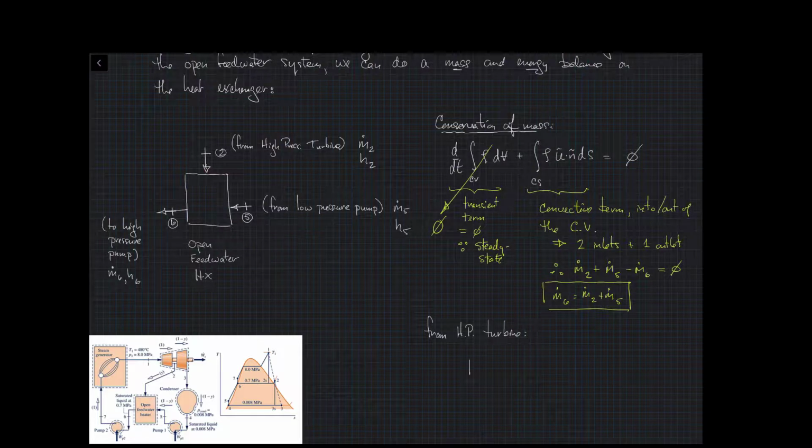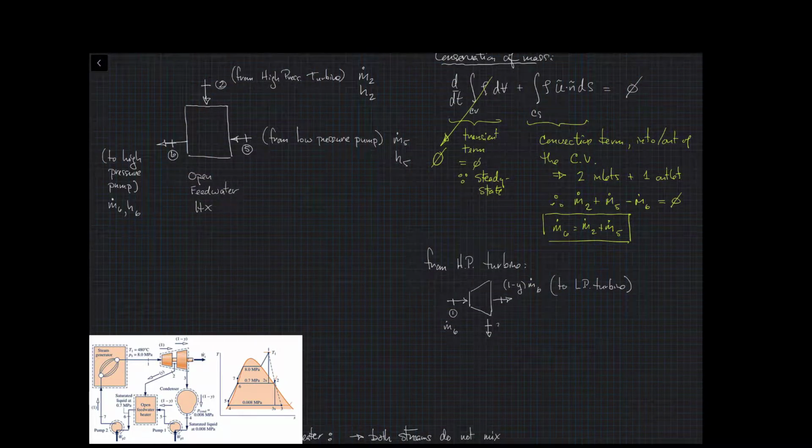Now let's do an analysis on the high pressure turbine, from the high pressure side 1 to the intermediate pressure side 2 that's being bled to the heat exchanger, just so that we can relate the overall mass of our system, which we've been calling m.1, to these 3 masses that we've got here on the box equation in yellow above.